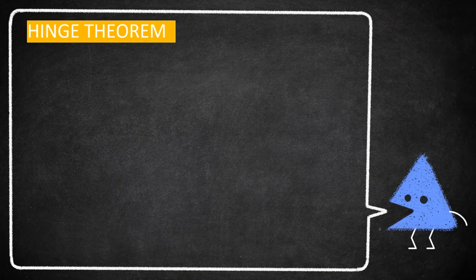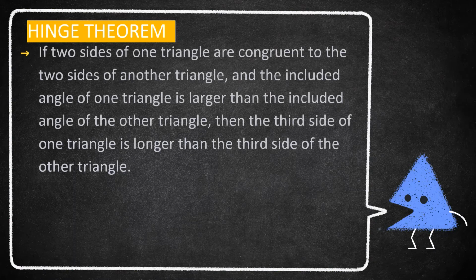And that illustrates Hinge theorem. It states that if two sides of one triangle are congruent to the two sides of another triangle, and the included angle of one triangle is larger than the included angle of the other triangle, then the third side of one triangle is longer than the third side of the other triangle.